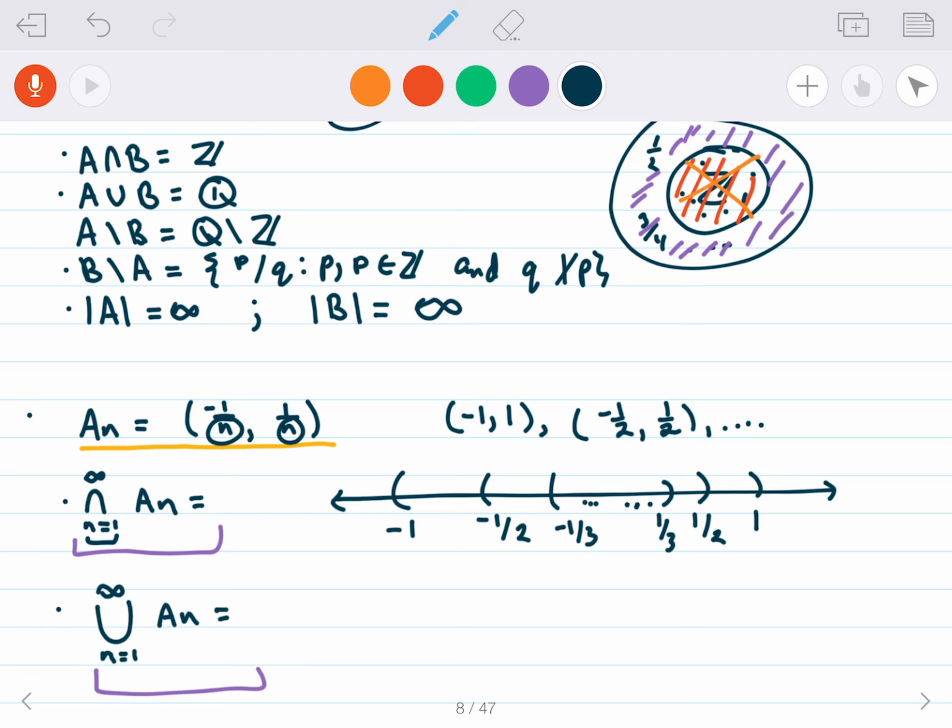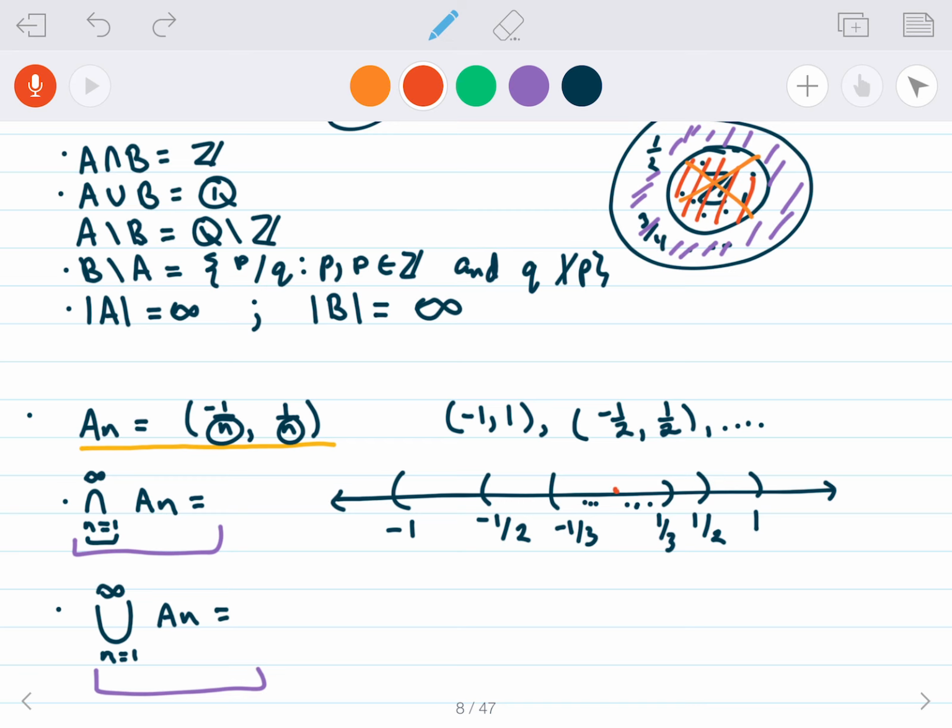And the question is, what do all of these sets have in common? What's the common element in all of these sets? Well, the answer is going to be 0, because no matter how large n gets, we're never going to exclude 0 in any of our sets.